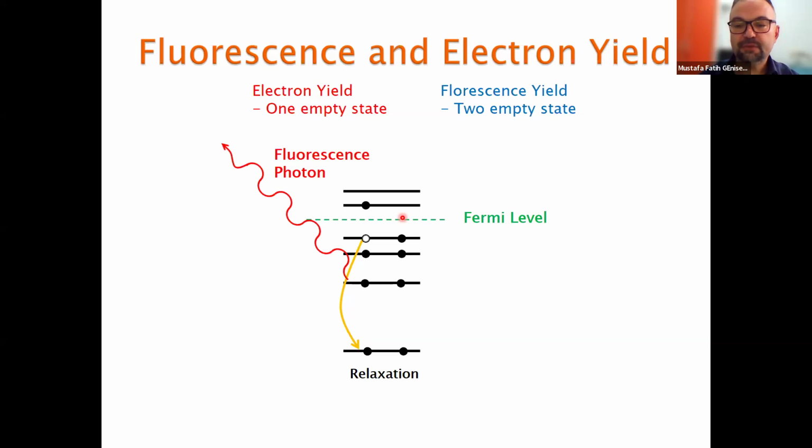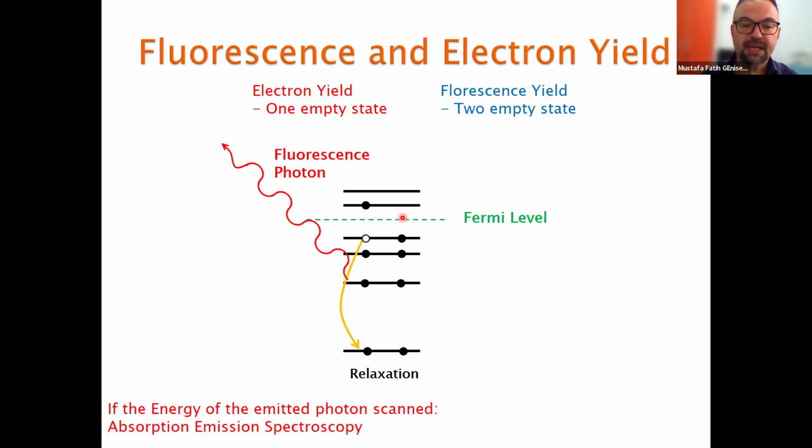It is specific for our element because the energy difference between the orbitals is well known and element specific. From this we can make element specific measurements. This is fluorescence yield, and we call it electron yield. At the end, as you see, we have one empty state.